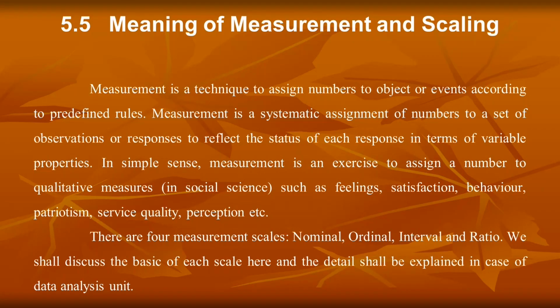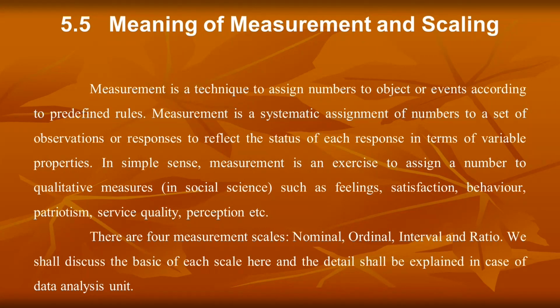Nominal is a measurement scale that attaches a number, which is just a number for identification, to object or event. For example, in MBA admission process, the form number is attached to each student. This form number is just for identification purpose and does not reveal any specific information helpful for admission.